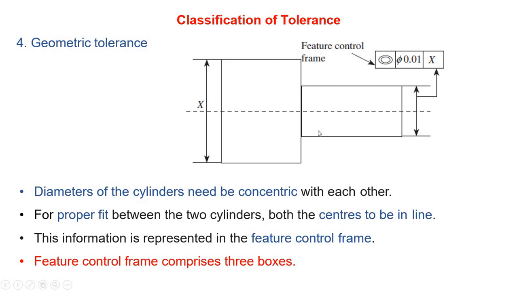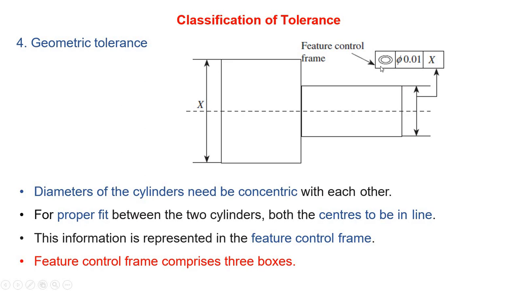If these two parts are to be mated with another part and rotated, they should have concentricity in order to transmit power effectively and without losses. How to control that feature is by using GD&T symbols. This symbol or frame has three boxes.